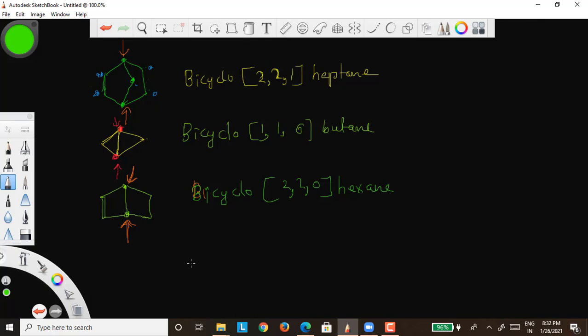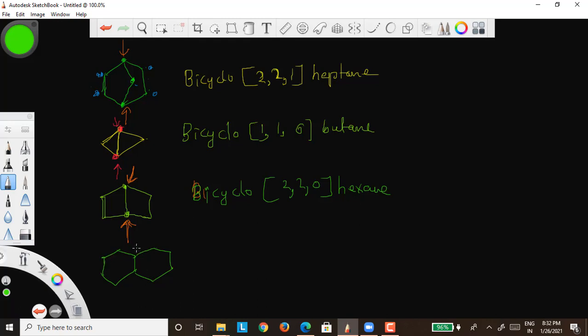Now let us name a bicyclo compound with a larger ring. So this is also a bicyclo compound.